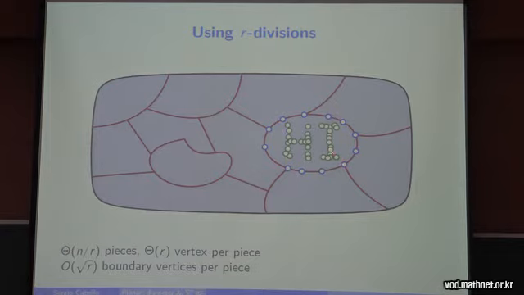Having this vertex that belongs to three pieces. And I call these boundary vertices. So this somehow models the interaction between what's going on within the piece and what is going on outside the piece. Everything has to go through these boundary vertices. And the idea is that each piece has like R vertices, but the boundary has square root of R vertices. So the boundary is much smaller than the interior.